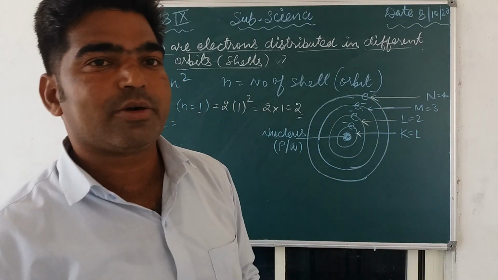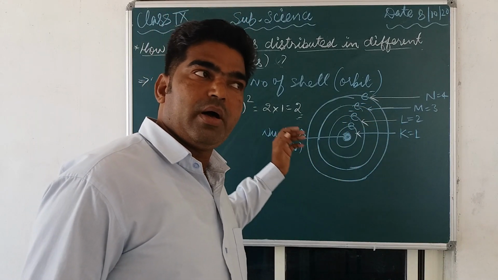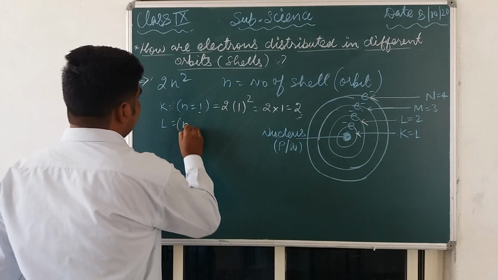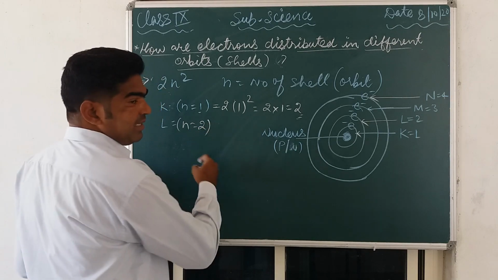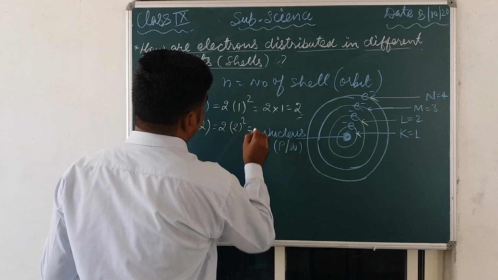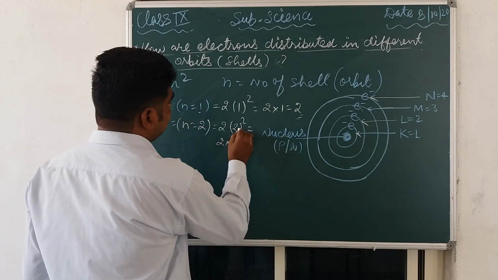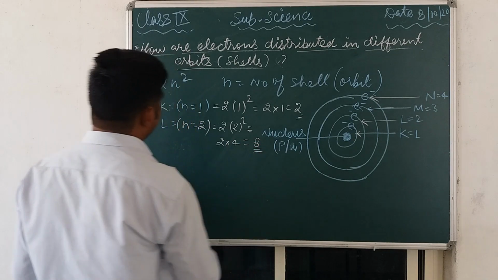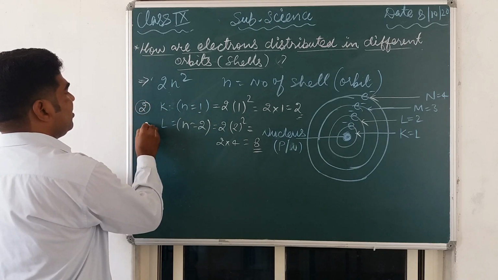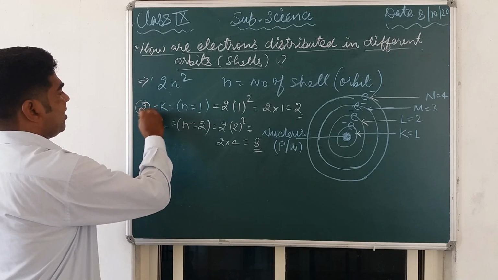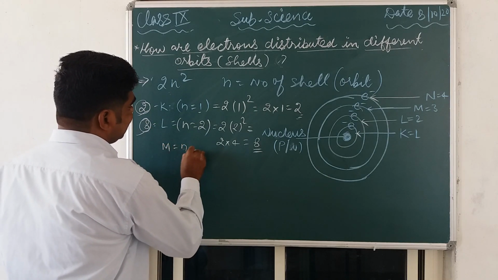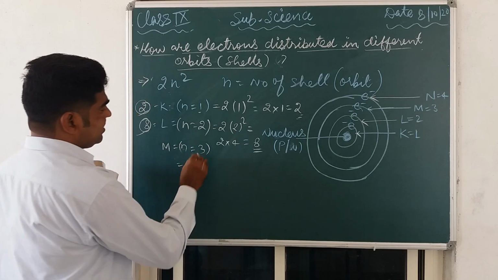So the maximum number of electrons that can be occupied in the K cell is 2. For the L cell, n is equal to 2. In this case 2 into 2 square, means 2 into 4, means 8 electrons. So in the K cell we can occupy 2 electrons, and in the L cell we can occupy 8 electrons. Then n is equal to 3 for the M cell, the third cell.